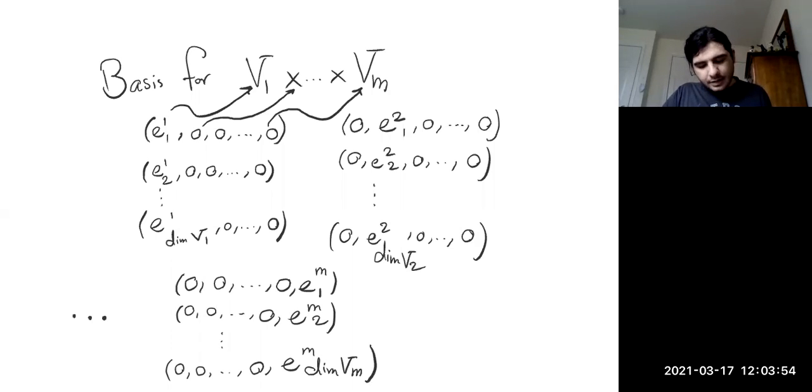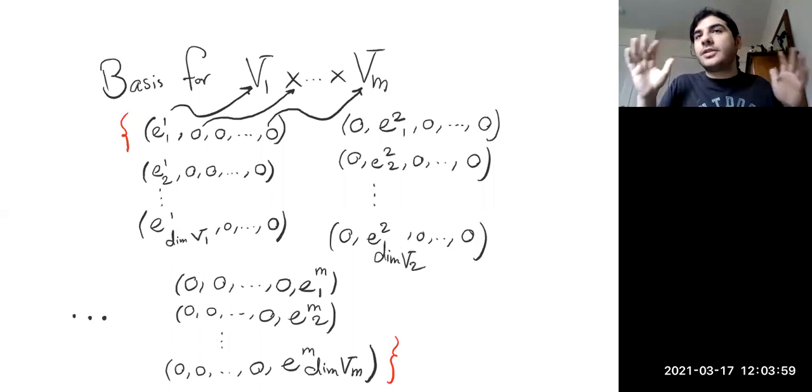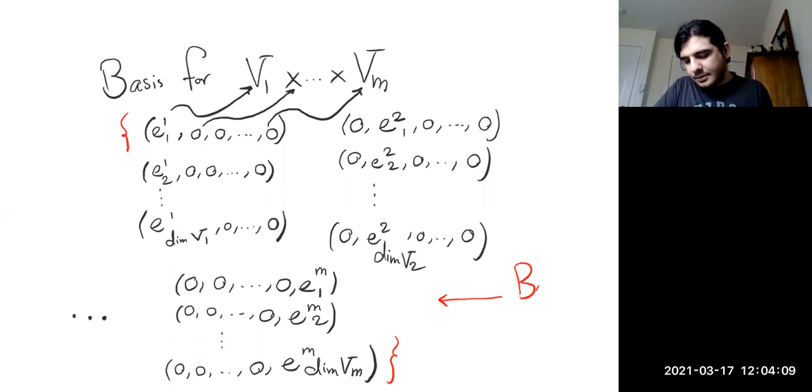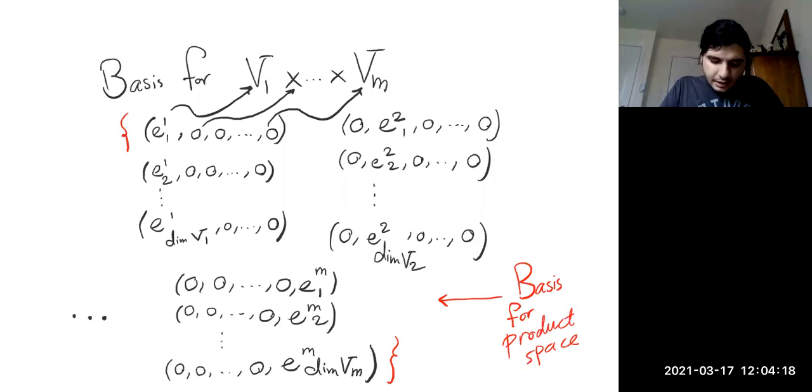Now, the claim is that these vectors, all of them together, form a basis for this product space. Now, if we accept that claim, then we can count how many vectors we have here.